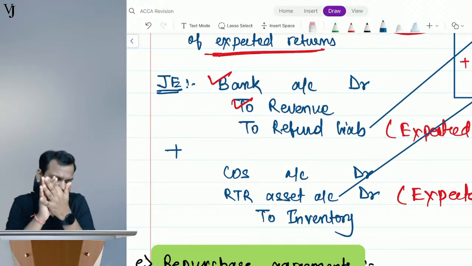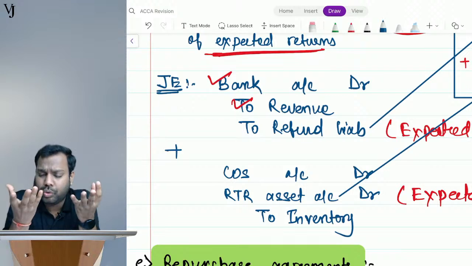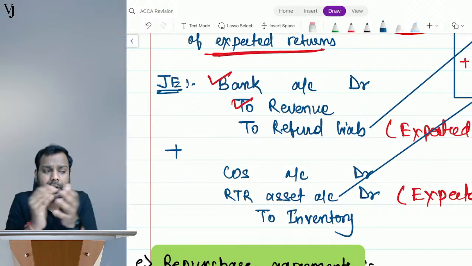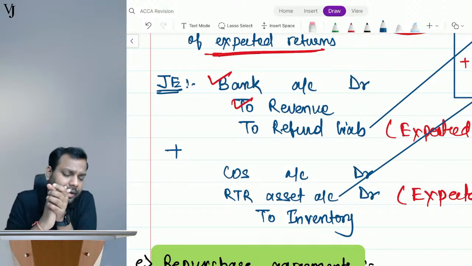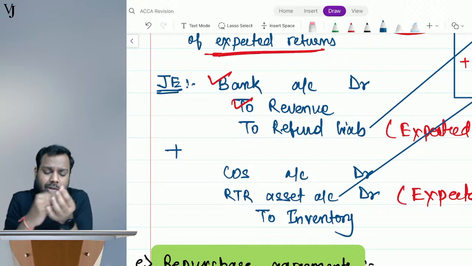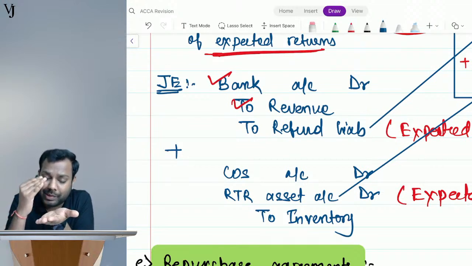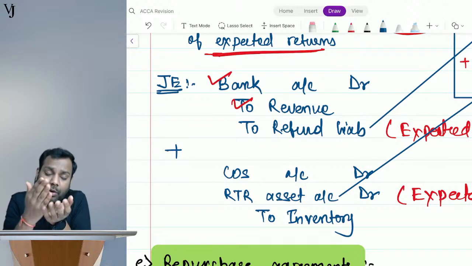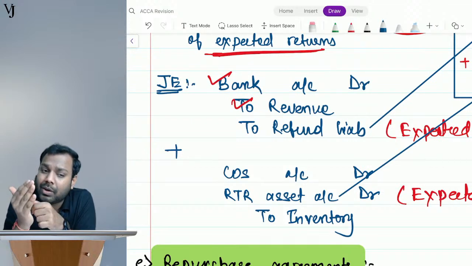Answer with the logic. I sold goods to you for $100, and in the contract I have written that I have a right to repurchase the same asset which I have sold from you at 110 after 1 year.